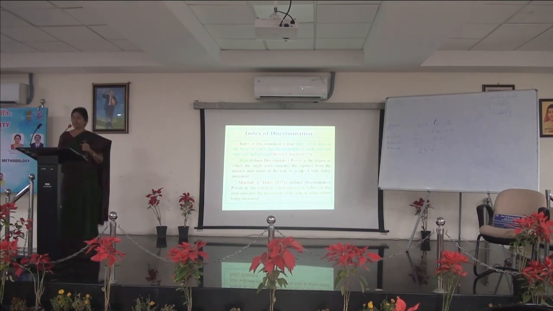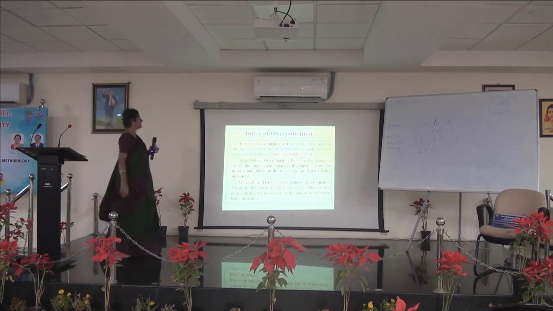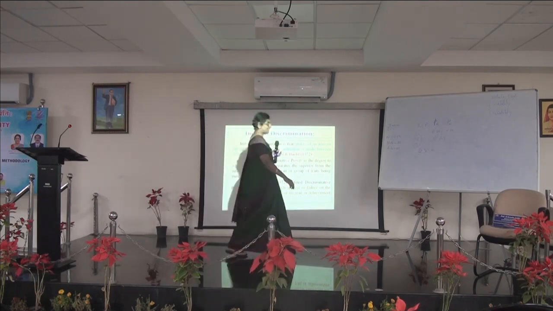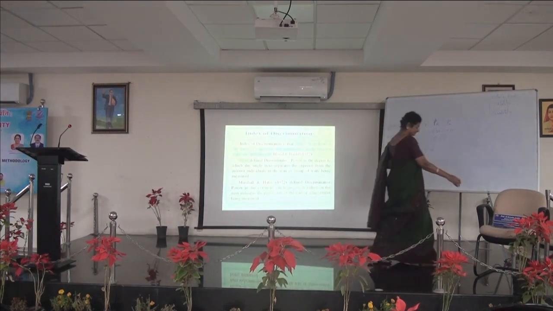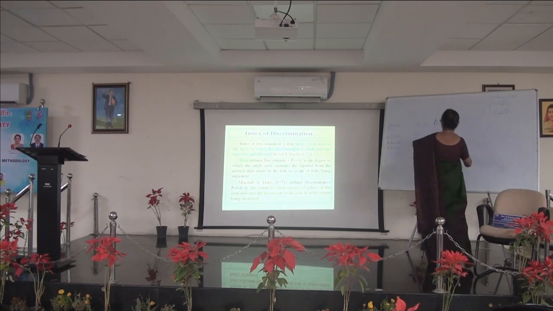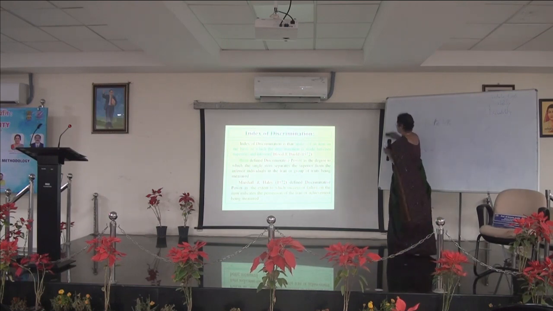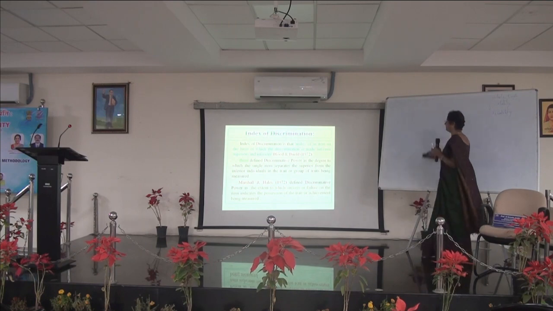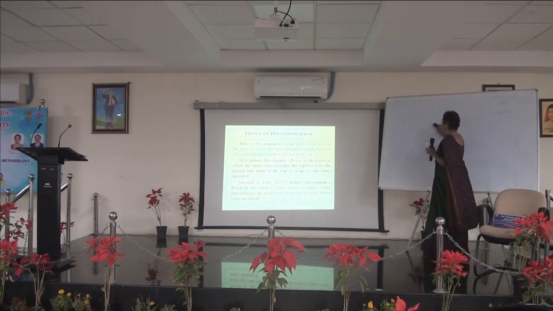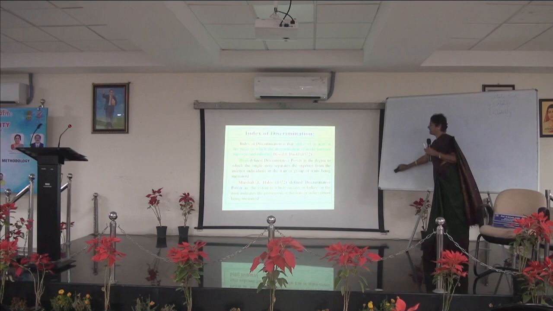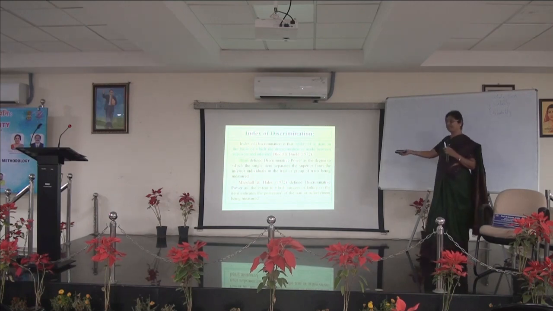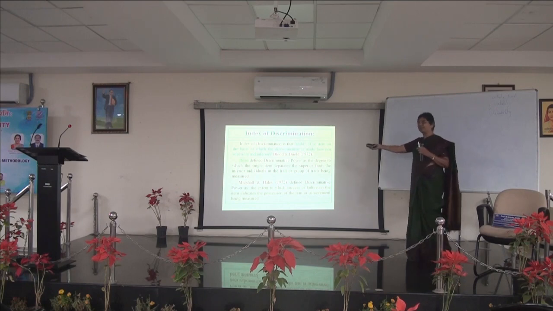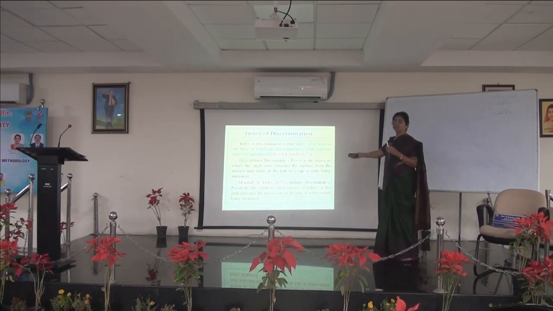Next, index. See, what is index of discrimination? Index of discrimination is the ability of an item on the basis of the discrimination made between superiors and inferiors. That is given by Blood and Budd.